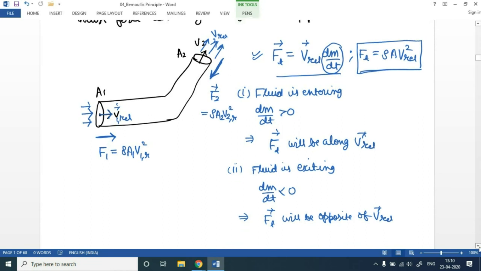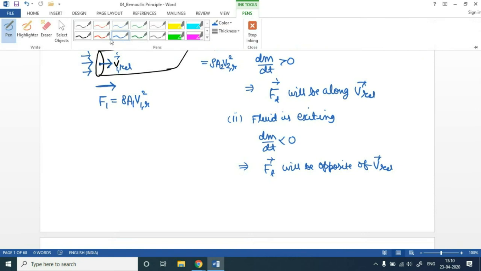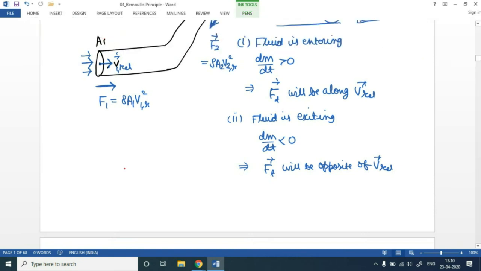So let's draw the free body diagram of it. This pipe is experiencing a thrust force F1 in this direction, horizontally rightward. It is also experiencing another thrust force exerted by the outgoing liquid, that is F2 in this direction.